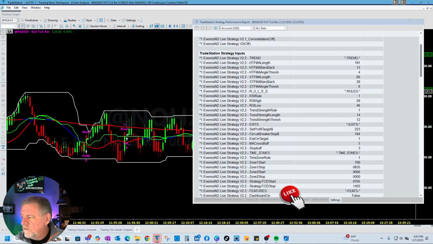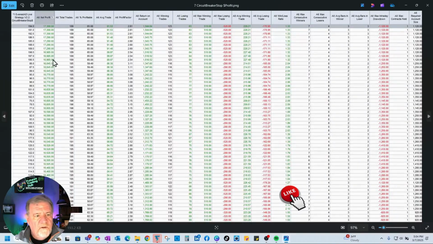So let's look at the circuit breaker stop now. Looking at it from a net profit perspective, if I set it to 194, I make $17,300. I'm 65% successful, right? That's what it said. Now, if we peruse down through here, there's about a $1,000 difference. Now, this is my artificial stop, right?